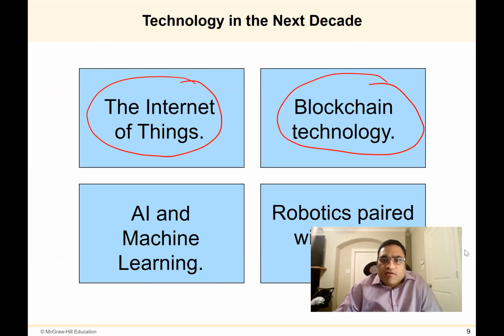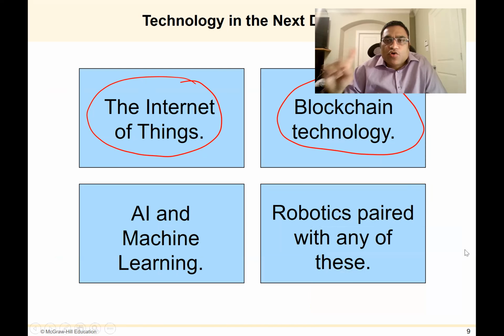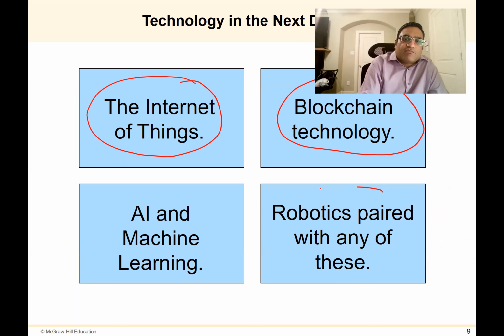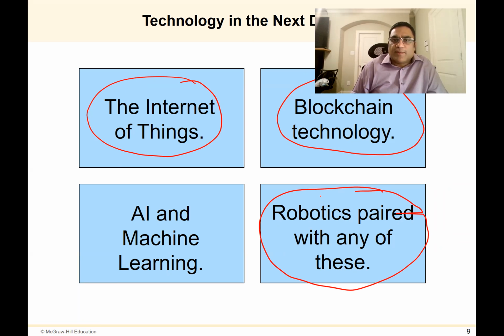And then you have AI. Go under additional videos and look for the video Humans Need Not Apply. That's a really good video. I would highly encourage that you watch that, because that will give you an understanding of where the world is going. And then robotics, of course. All these technologies have been available, but the rate at which they are improving is amazing.